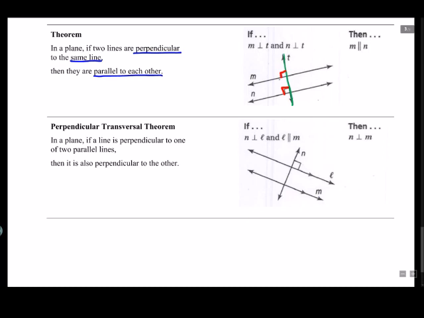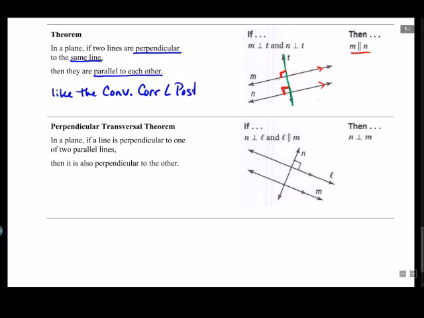So that means if both of these are perpendicular, we can go in and mark the lines parallel. And this is like the converse of the corresponding angle postulate.